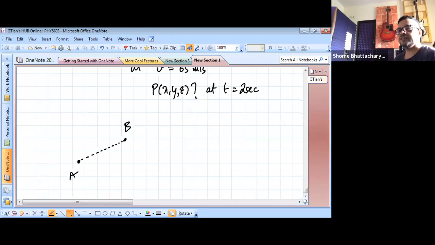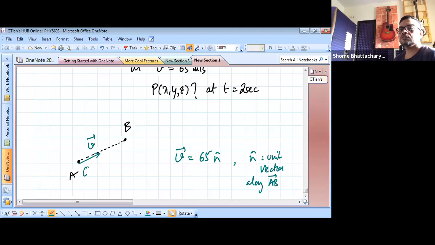So the velocity vector of that particle has to be along the direction of AB. So that's what we'll make use of. So the velocity of the particle will be its magnitude into some unit vector, where n cap is the unit vector along the line.